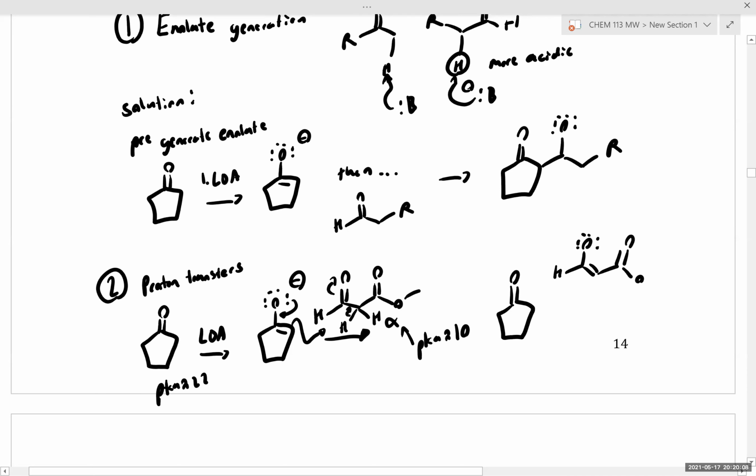So it's important when you're planning out an aldol reaction that you consider the pKa of both your parent ketone that you're using to generate your enolate and your electrophile's pKa value. If there is a difference greater than 5, you're likely to see competing proton transfer and undesired mixed enolate products.